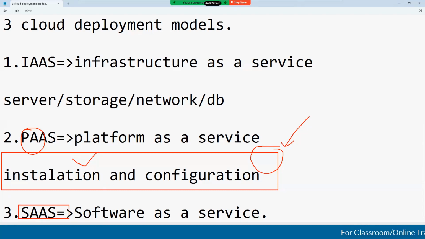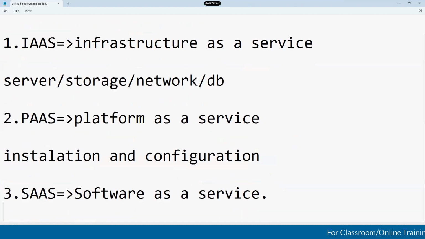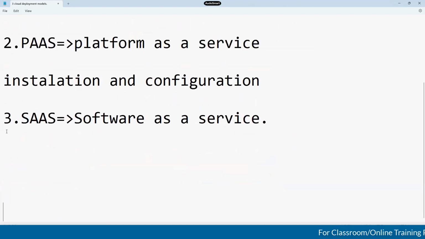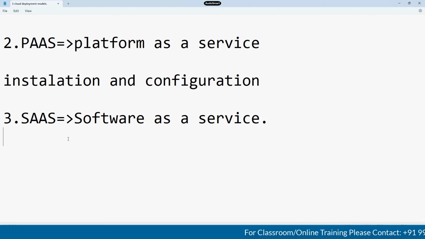Next, SaaS, software as a service. Most of us, around 90% of people, are already using software as a service. Can you tell me a best example of software as a service?